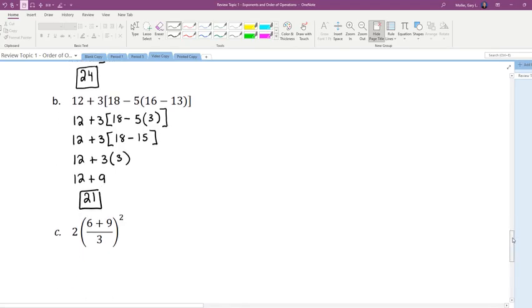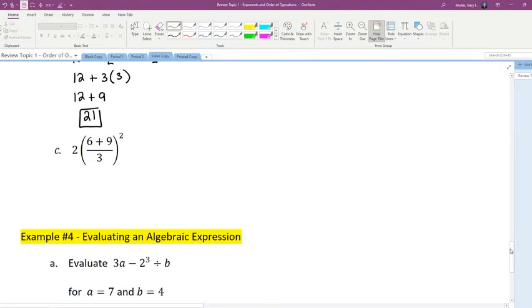All right, part C. As we look at part C, I've got a parentheses. Inside those parentheses, I have to go first. Now, hopefully, we know that this is a division right here. This is going to cause a little bit of discussion that I'm not sure I wanted to have today, but here we go anyway.